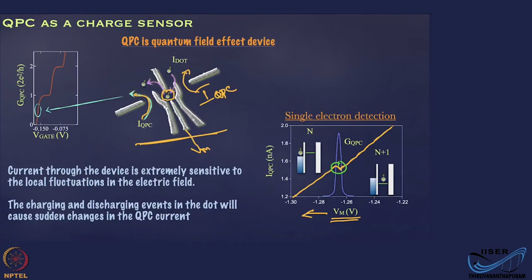And this trace here is a conductance of the QPC or the derivative of this trace. Okay, so you will see peaks similar to Coulomb blockade peaks, but these are the conductance changes in the QPC, not the Coulomb blockade peaks, but this stands for Coulomb blockade oscillations, because in this range Coulomb blockade oscillation cannot be measured directly by measuring the current through the dot.